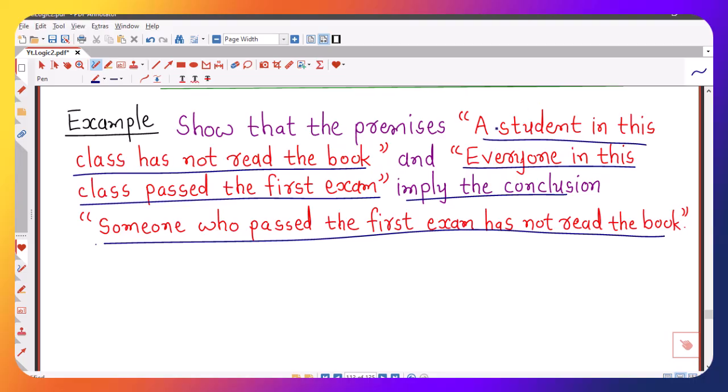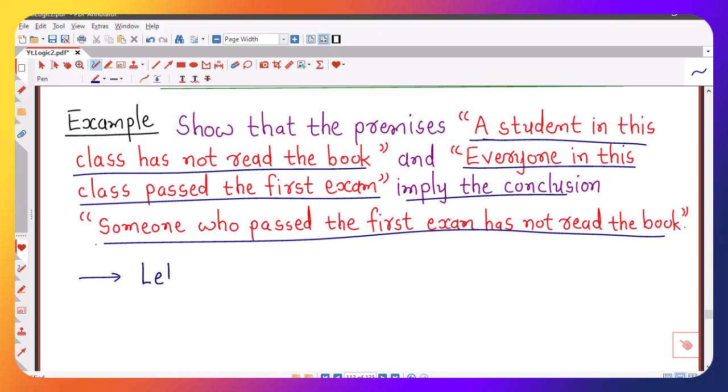So first we have to see what they are talking about in this problem. First, if you read this statement, a student in this class has not read the book. So they are talking about two things here: that the student is in the class and the student has not read the book. So we can use these notations.